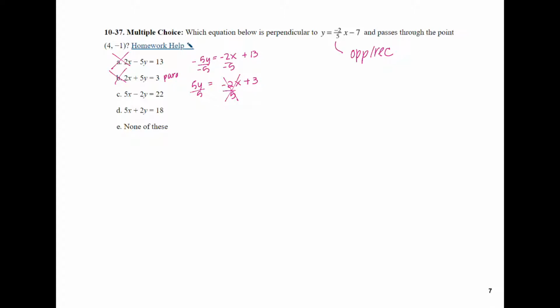If we subtract our 5x, divide by our 2y, -2, our slopes would be perpendicular. We then could quickly plug in this point to check and make sure that it was a true statement, and we would see that C is the equation that works.